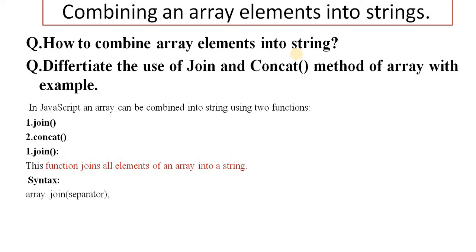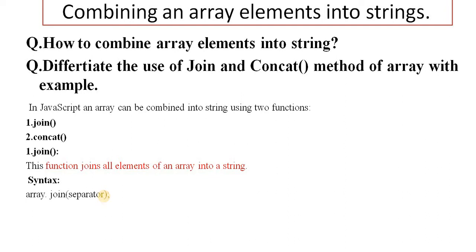The syntax of join method is array object, that is array dot join keyword, and here we pass a separator and semicolon. Here separator is a string like star, dot, forward slash, etc., to separate each element of an array.